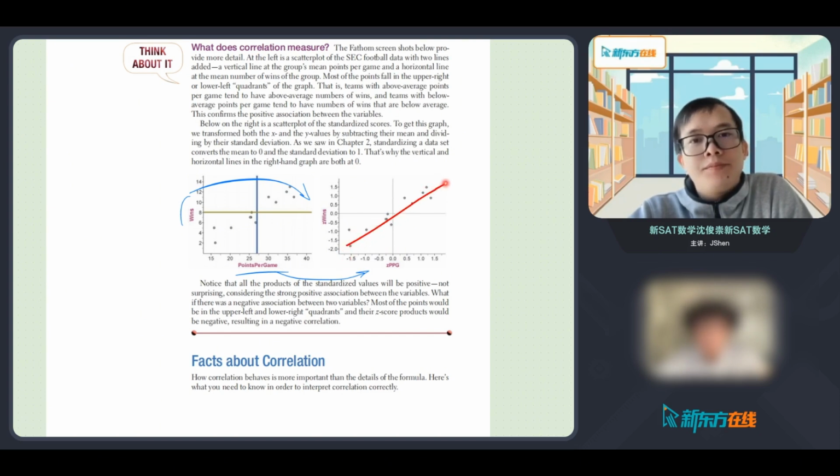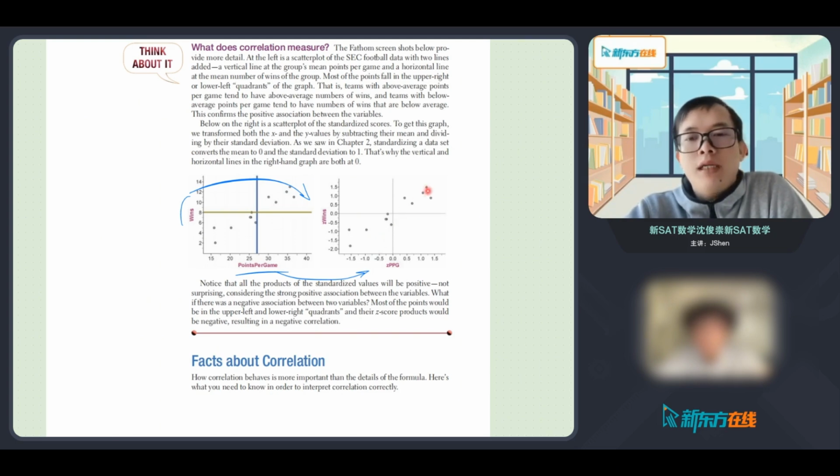This is the ZX, the Z values of the X data set, and this is the Z value of the Y data set. Now, we have quadrants, quadrant 1, 2, 3, and 4, right? Yeah, it's like this.